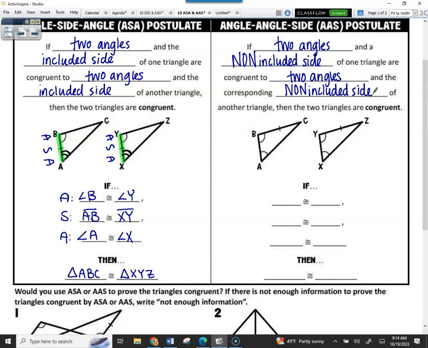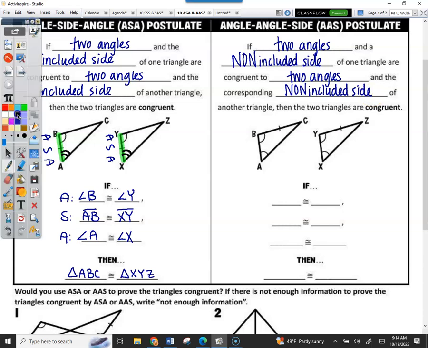And again, we need to fix this picture because it makes it look like all those angles are the same, and they can't be because two of them are definitely obtuse. So fix that picture.